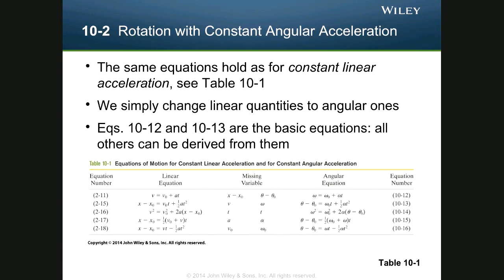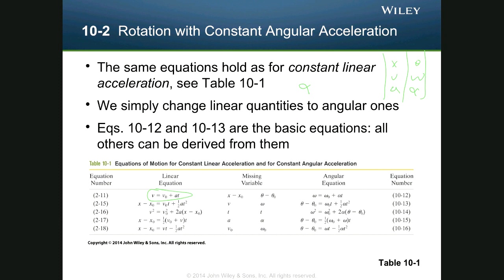You'll recall in chapter 2, if a was constant, we were able to develop equations for v and x. Now if we assume that alpha is constant, all we have to do is replace a with alpha, v with omega, and x with theta, and you'll notice that 2-11 becomes 10-12, almost perfectly.